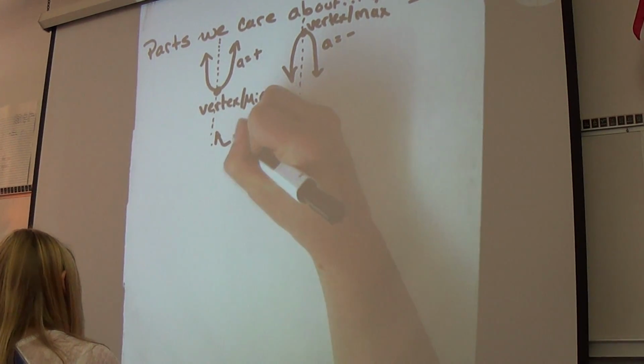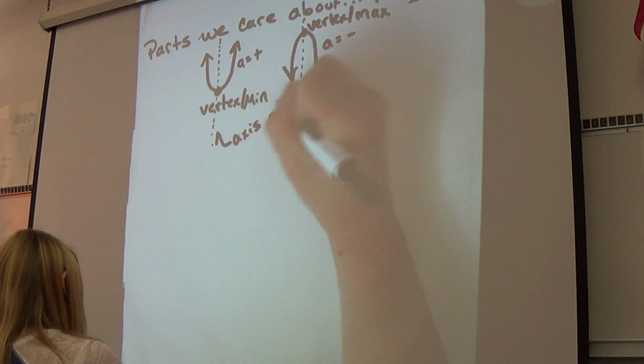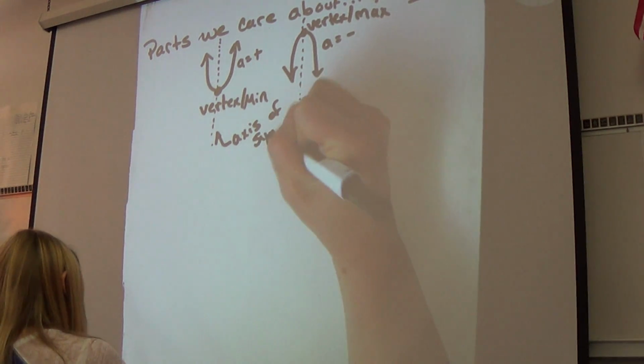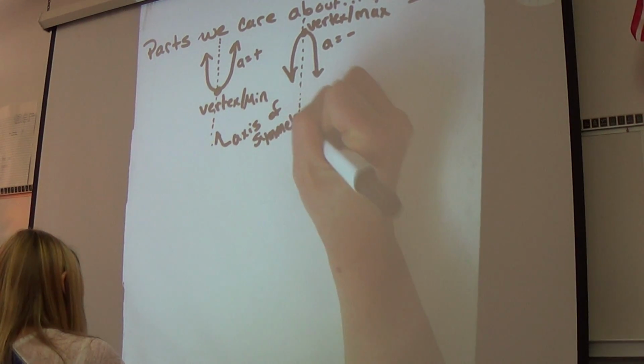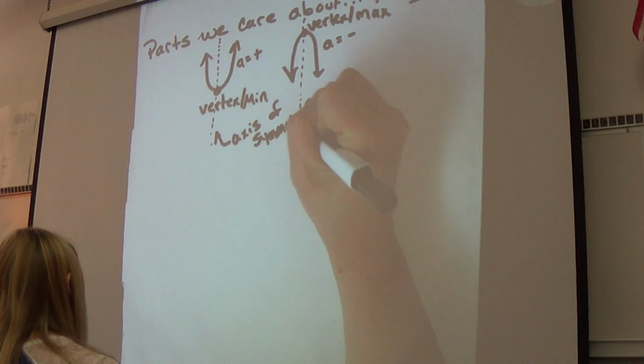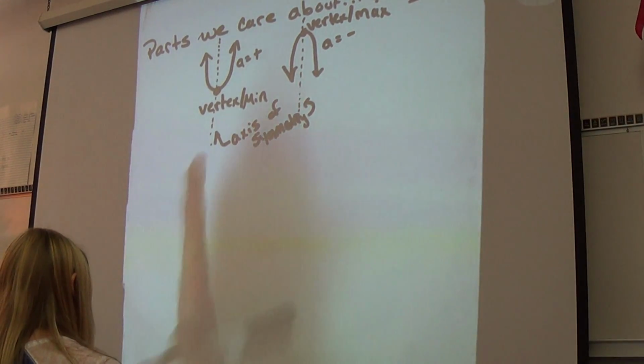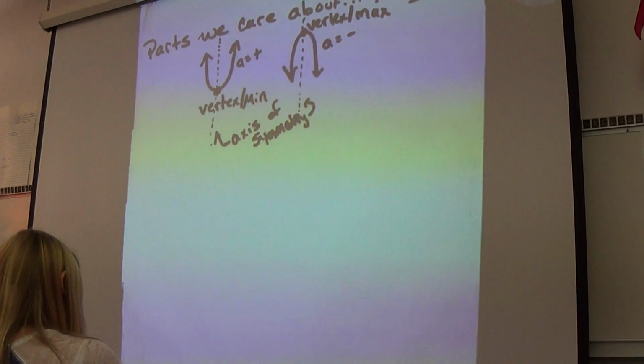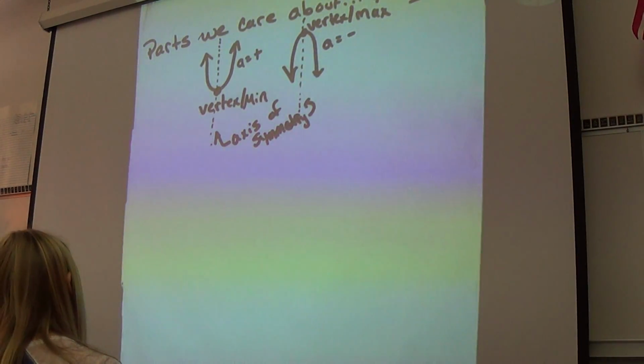We call that imaginary line the axis of symmetry. And what the axis of symmetry does is it cuts my graph in half. It actually gives me a way to graph these without having to build a table at all, really.